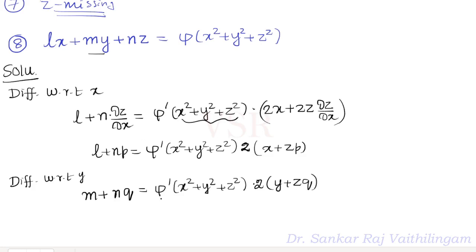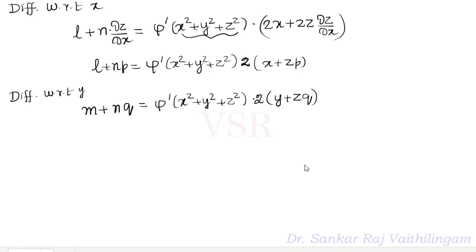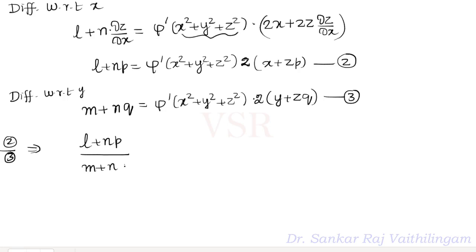That's all. Can we divide these two? Calling this 2 and this 3, 2 by 3 implies l plus np divided by m plus nq equals x plus zp divided by y plus zq. The 2s get cancelled. Now we just cross multiply.